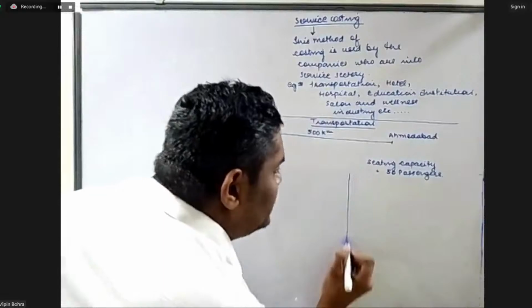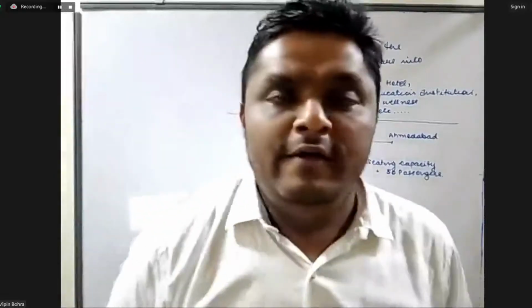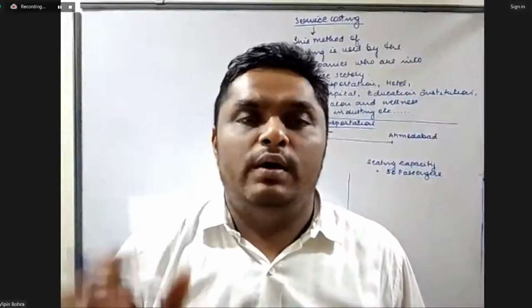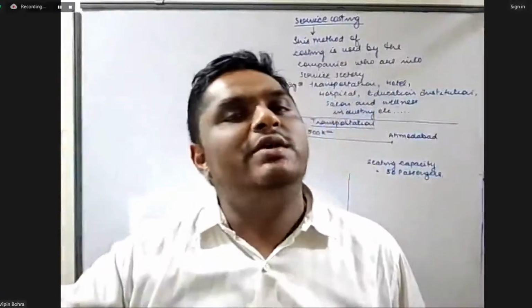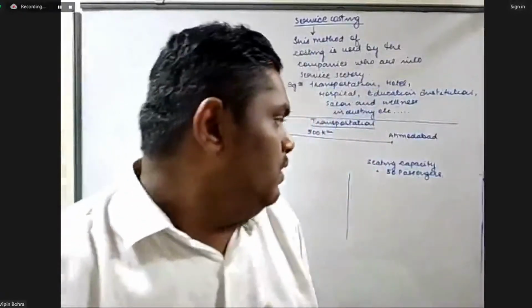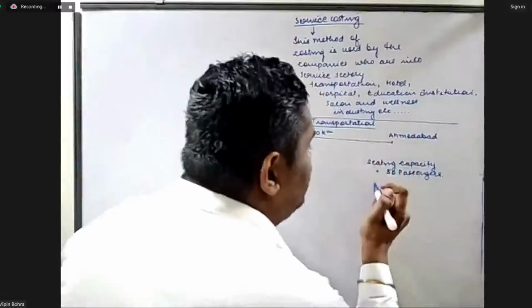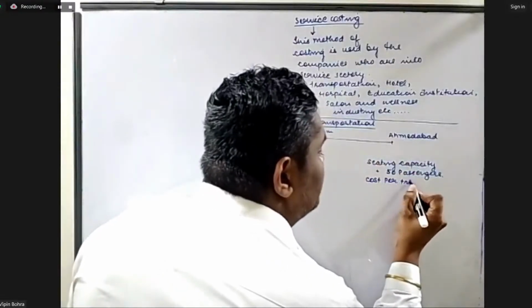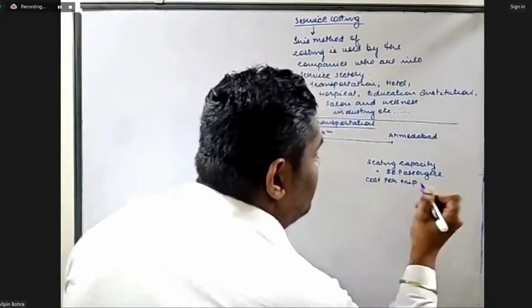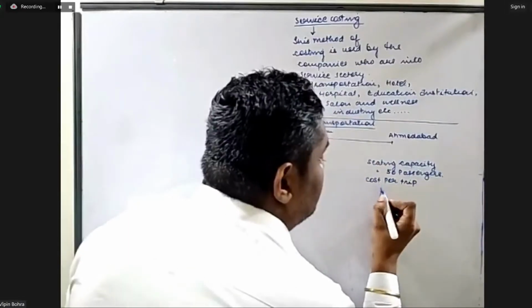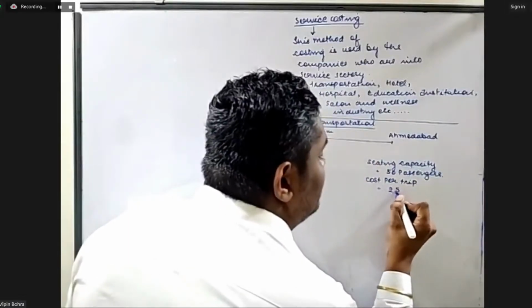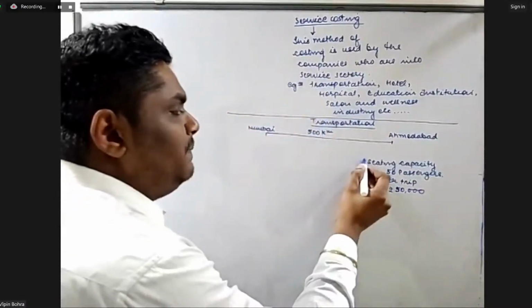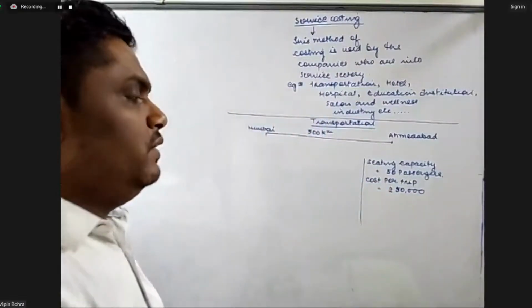Now let's take a first situation wherein there are no intermediate stops. The bus starts from Mumbai and goes straight to Ahmedabad. The cost per trip is also given, that is rupees 50,000.